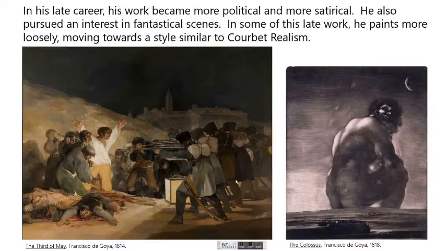Many of his prints are dreamlike images. I think we looked at one like that when we were talking about printmaking.